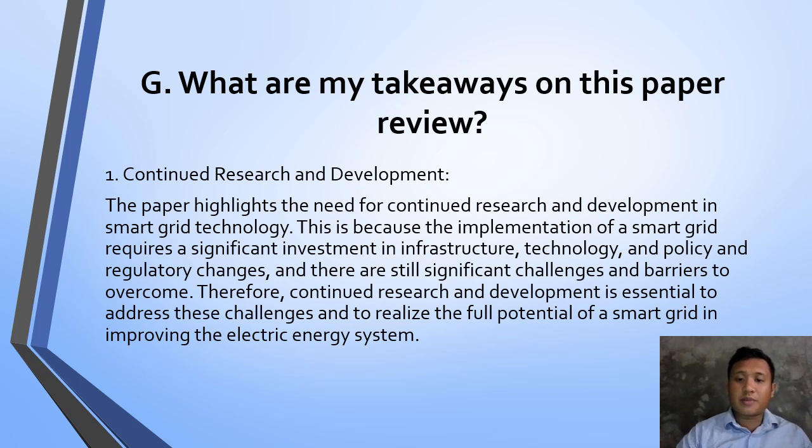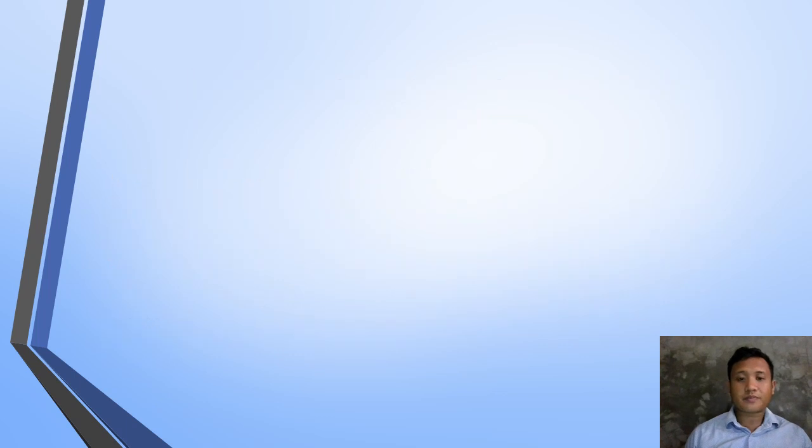This is because the implementation of a smart grid requires a significant investment in infrastructure, technology, and policy and regulatory changes, and there are still significant challenges and barriers to overcome. Therefore, continued research and development is essential to address these challenges and to realize the full potential of a smart grid in improving the electric energy system.